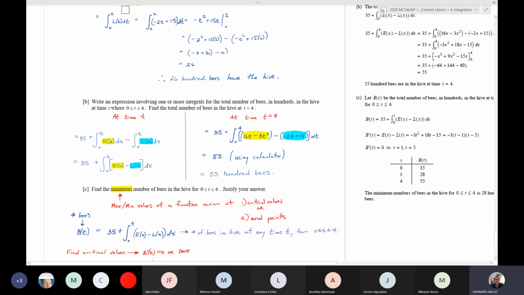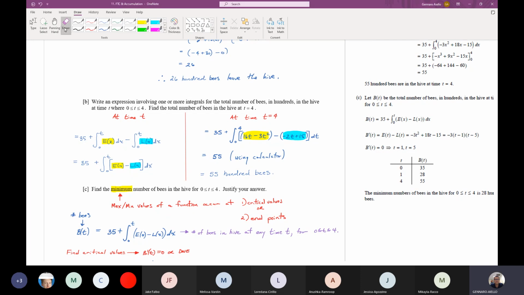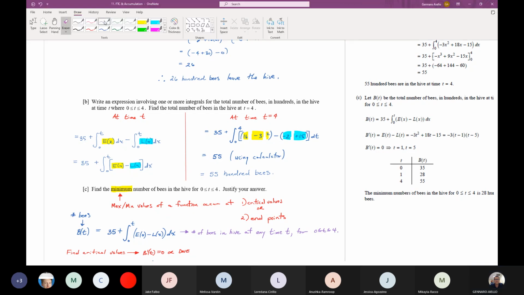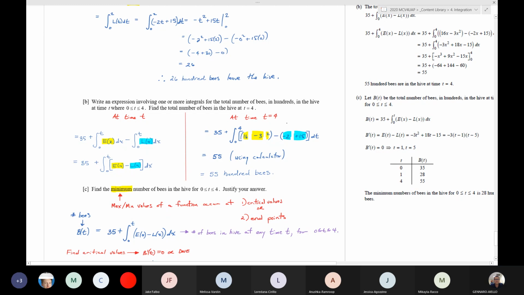Let me change that. So these should have been written as x's. What was this? 16x minus 3x squared, and then this should be an x.